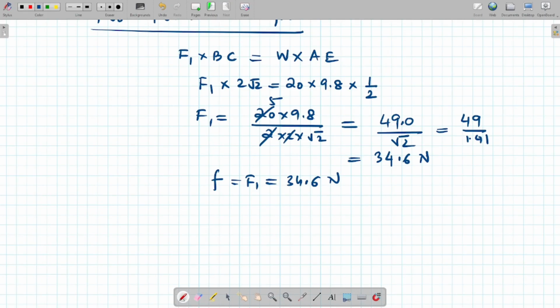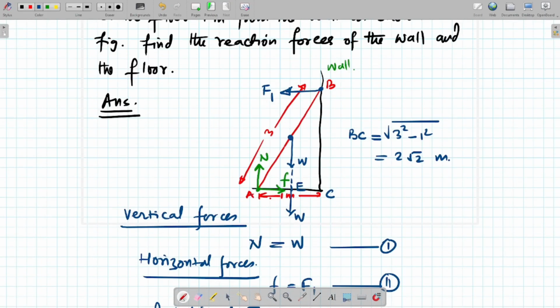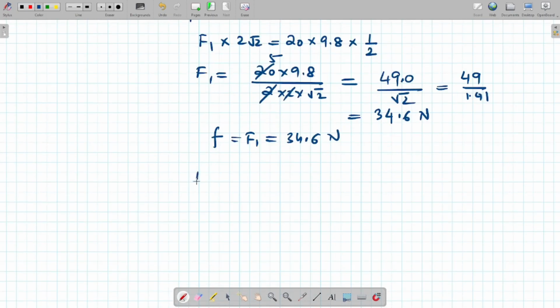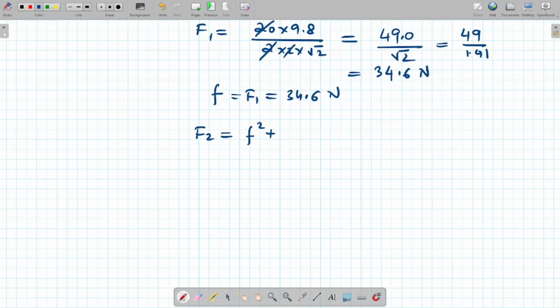So now, since there are two forces here, now go back to this. So what shall be my resultant force? The resultant force would be somewhere इन दोनों का जो somewhere here, yes, इसको हम F2 कह सकते हैं. So resultant force of these two would be capital F2, which is under root F square plus N square, right?